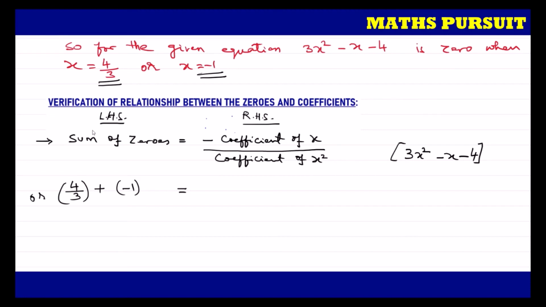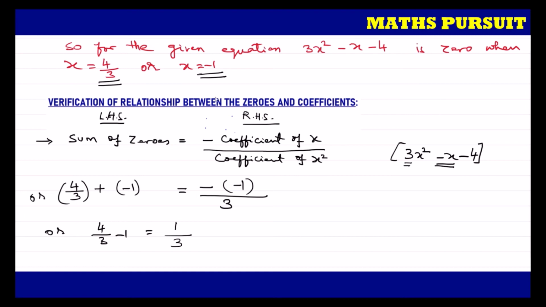One is 4 upon 3 and the other is -1, equal to minus coefficient of x. Here the coefficient of x is -1. So minus -1 upon coefficient of x to the power 2, which is 3, upon 3. Or I can write 4 upon 3 minus 1 is equal to, this minus became plus, 1 upon 3.